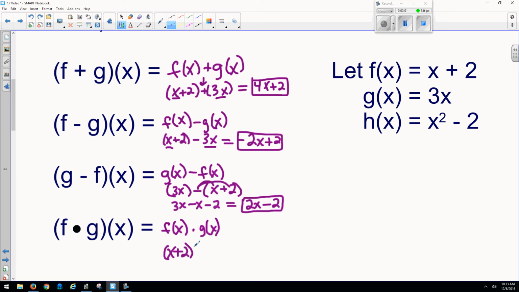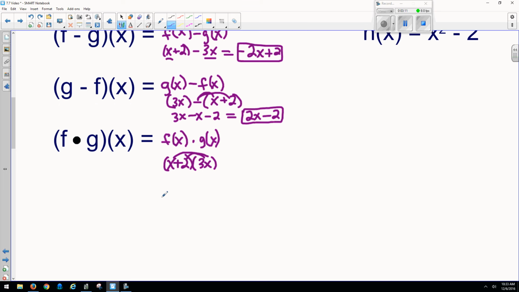Another time parentheses are really important here. g of x is 3x. And so I'm going to distribute this 3x and get 3x squared plus 6x. Done. And so we just want to simplify these as much as possible, meaning no parentheses, and you're combining any like terms possible.